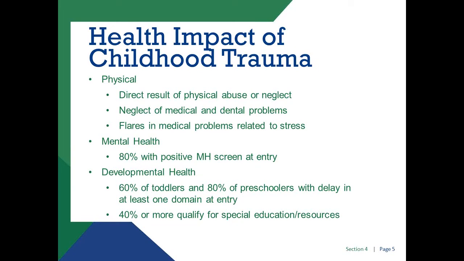Gross motor is usually fine unless the child has a multiply handicapping condition. And in the school-age population, there are many, many school issues for these children, but 40% or more in well-done studies actually would qualify for special education or additional educational resources.